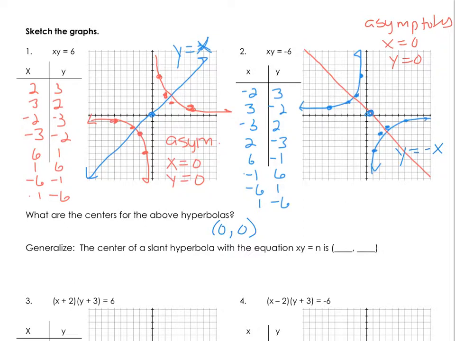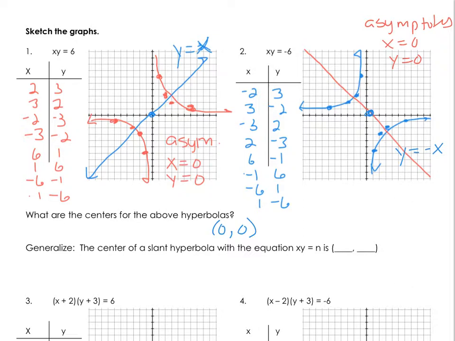Okay? So I want you to think of the pattern that we've been looking at with all of our conics, that the center is always x minus the x coordinate of the center, y minus the y coordinate of the center.